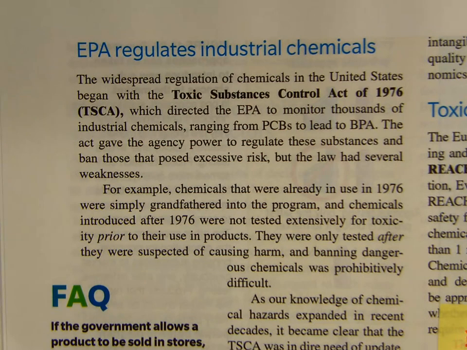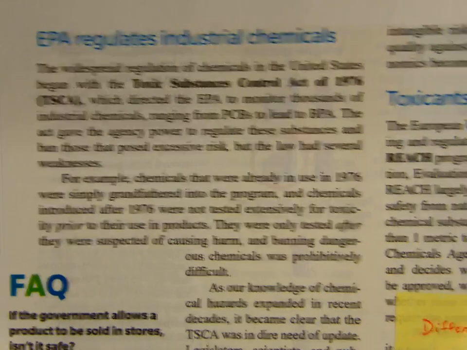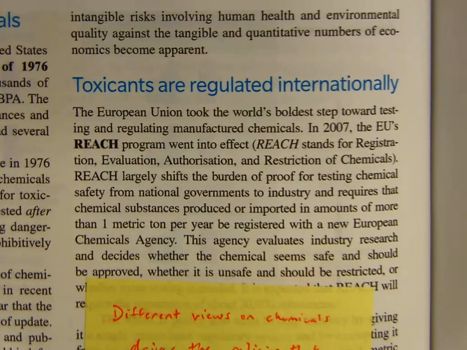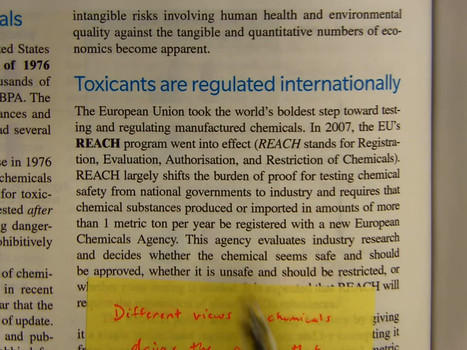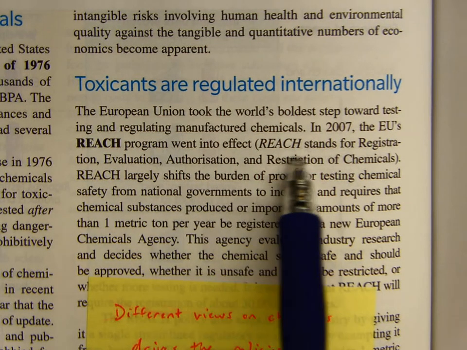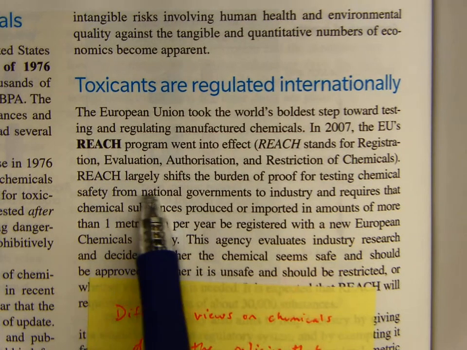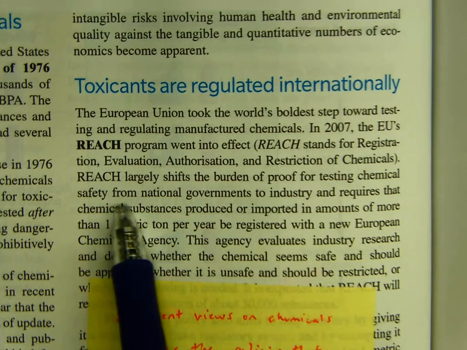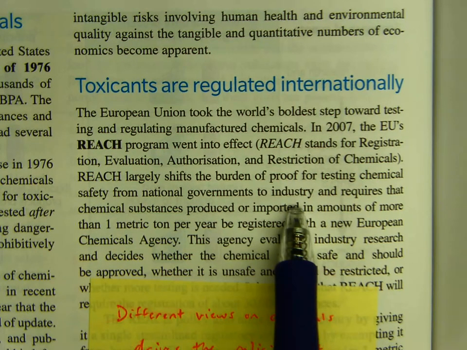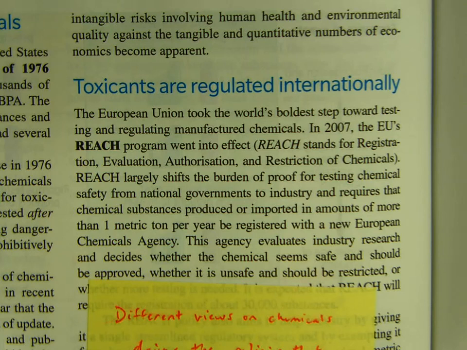It gives them a lot of power, but there's a lot to manage. Then there's REACH, the program that went into effect. REACH largely shifted the burden of proof for testing chemical safety from national governments to industry. That's the different version: either the government has control over that, or the industry does.